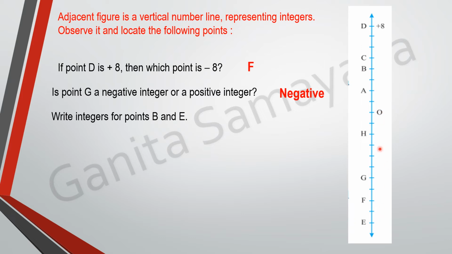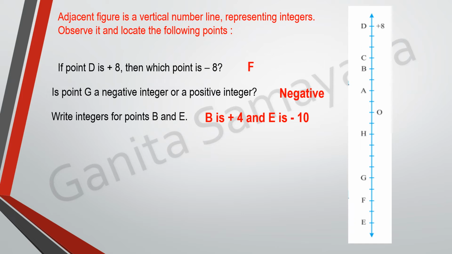So E is below 0, and we have to count the points to know the position. 1, 2, 3, 4, 5, 6, 7, 8, 9, 10. Since it is below 0, it is minus 10. So B is plus 4 and E is minus 10. Are you all following this, children?